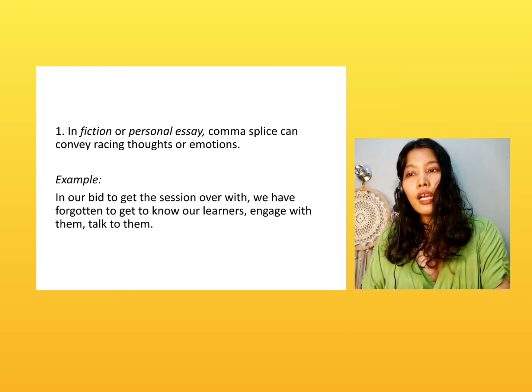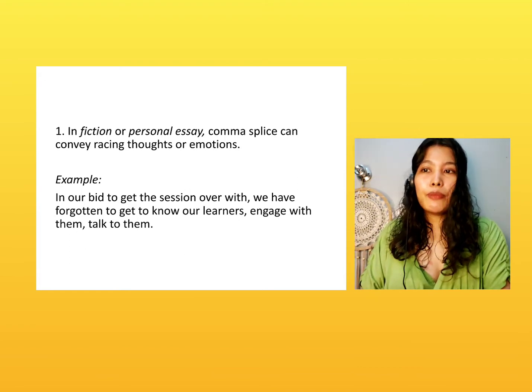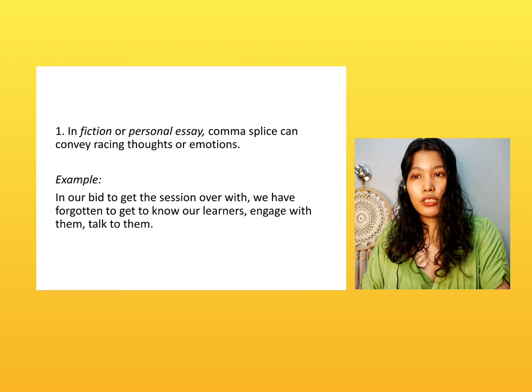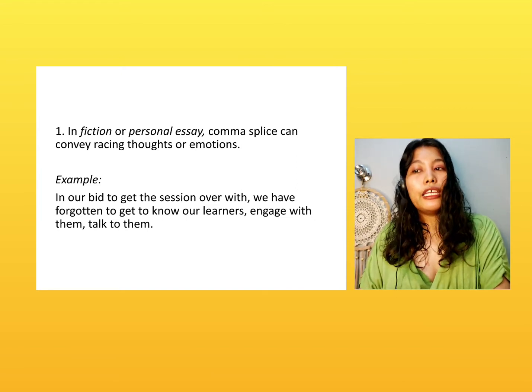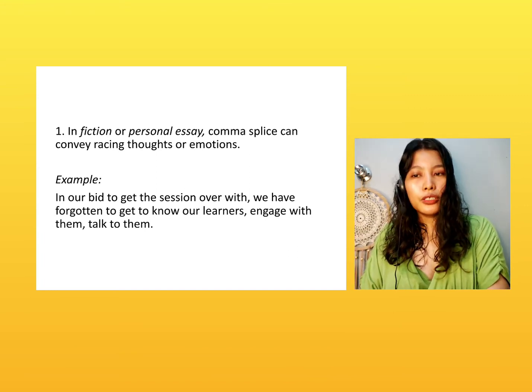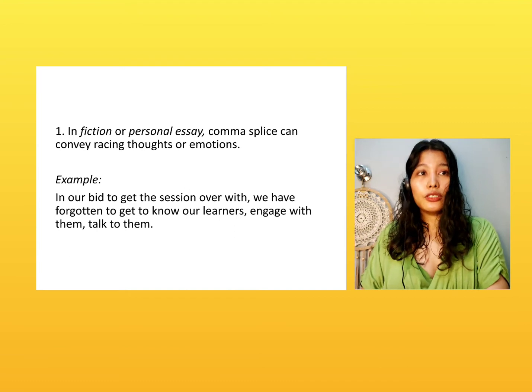Okay, going back. When is it acceptable? In fiction or personal essay, a comma splice can convey racing thoughts or emotions. Here is an example. In our bid to get the session over with, we've forgotten to get to know our learners, engage with them, talk to them.